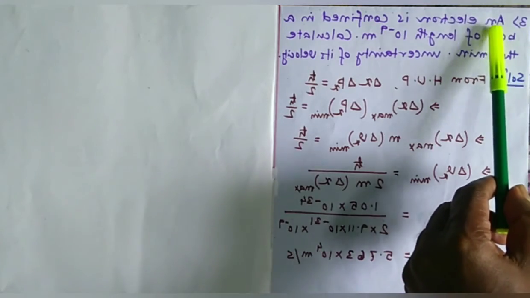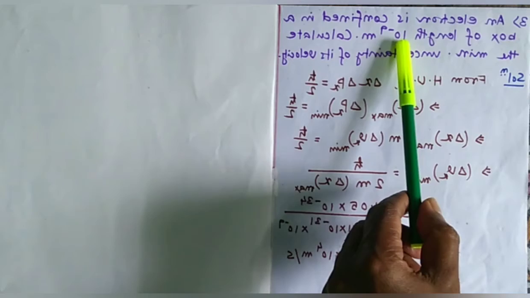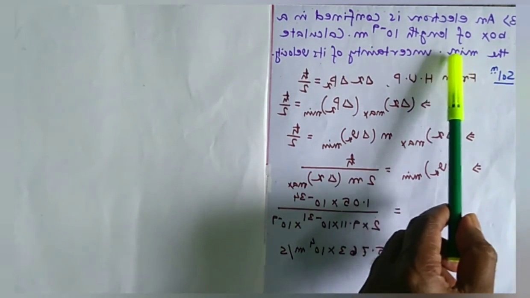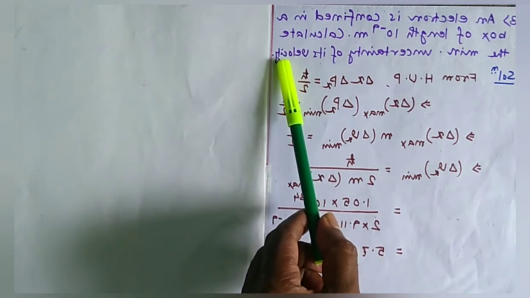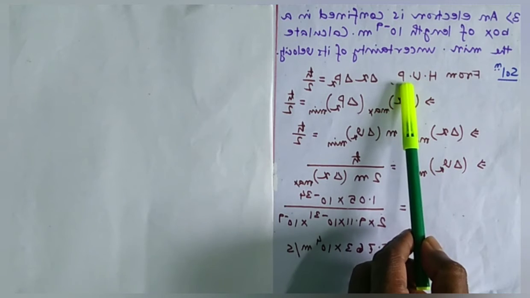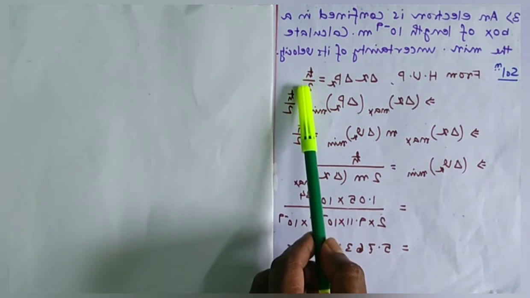Problem 3. An electron is confined in a box of length 10 to the power minus 9 meter. Calculate the minimum uncertainty of its velocity. Solution. From the Heisenberg uncertainty principle, delta x delta px equals h bar by 2.